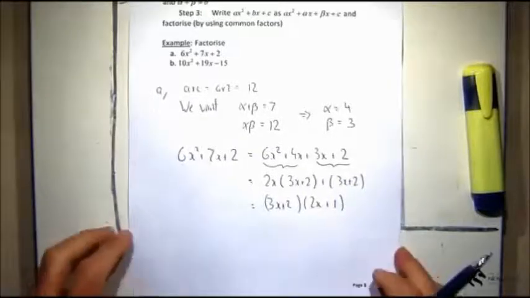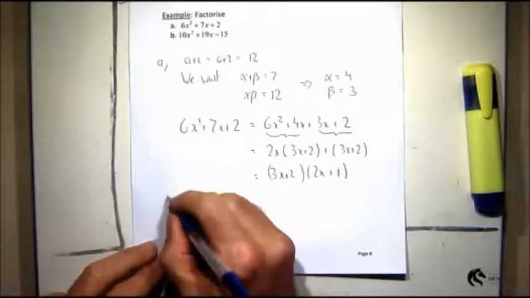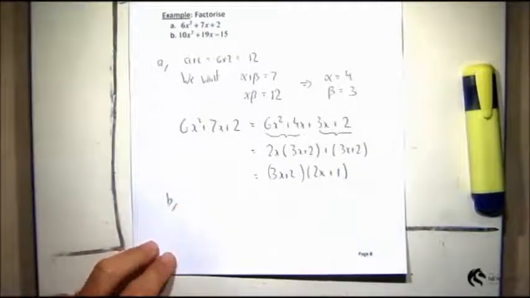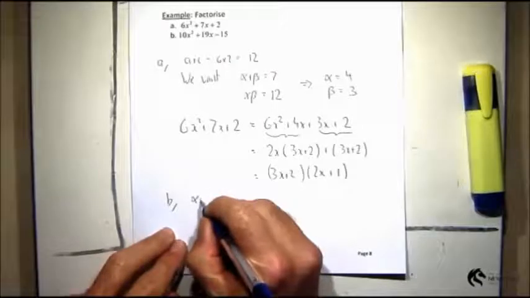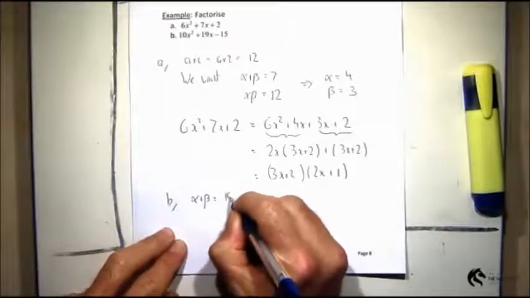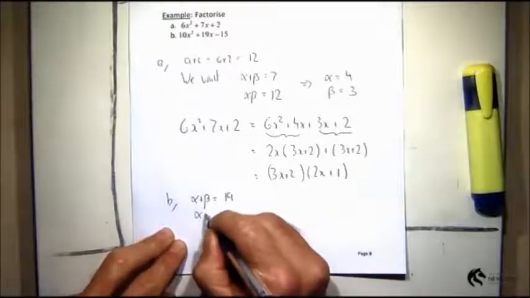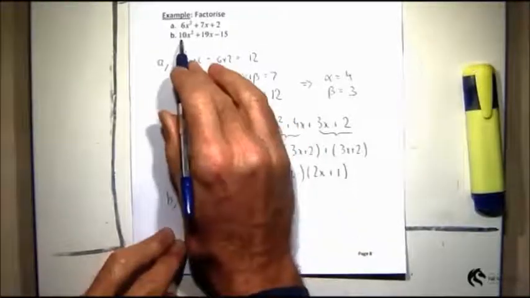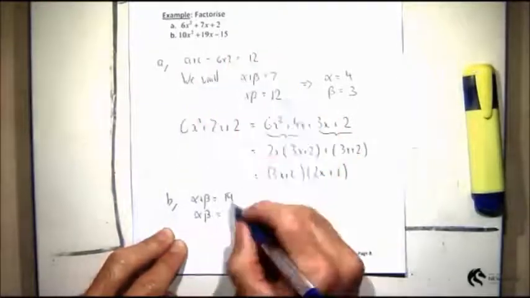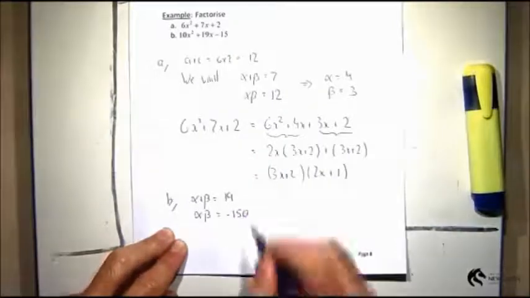Okay, let's do B. In here we want alpha plus beta to be 19, and we want alpha times beta to be 10 times minus 15, so minus 150.